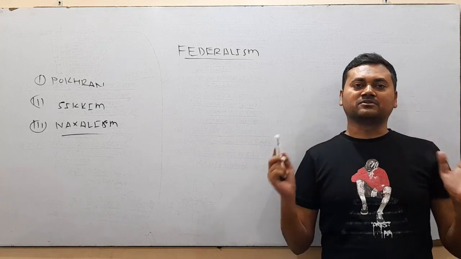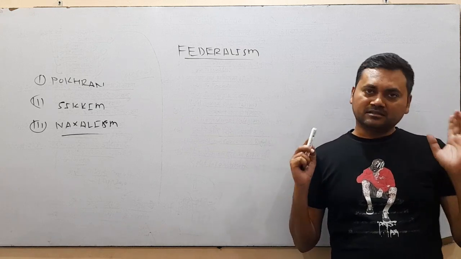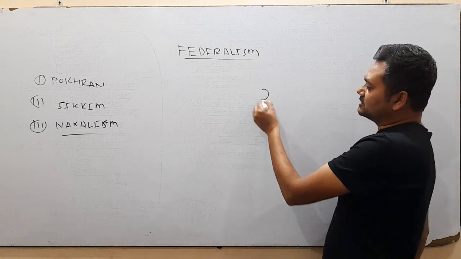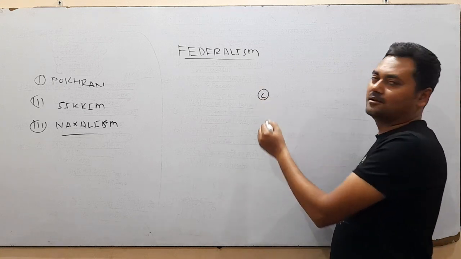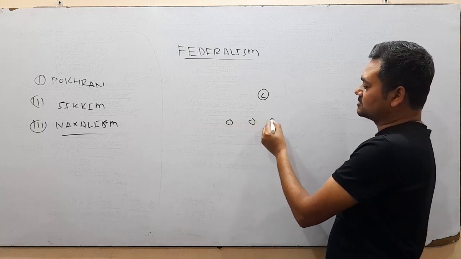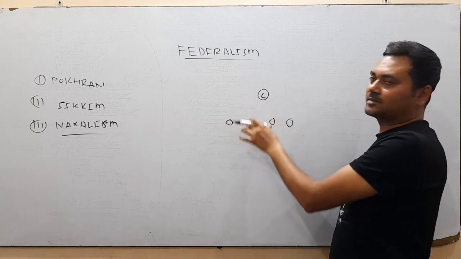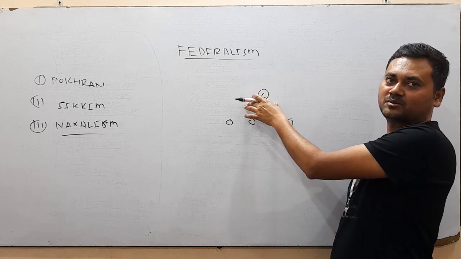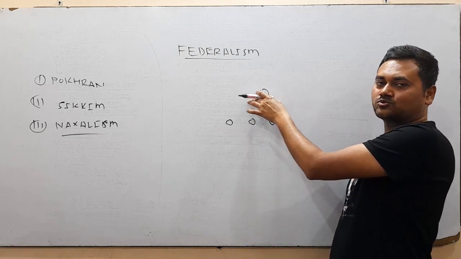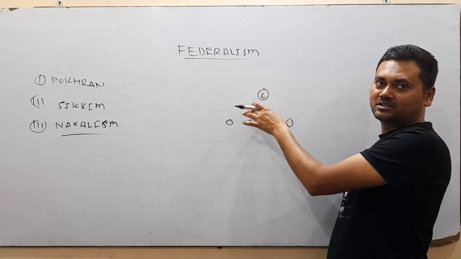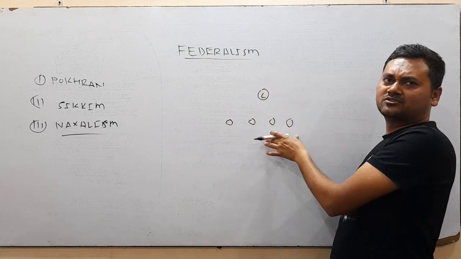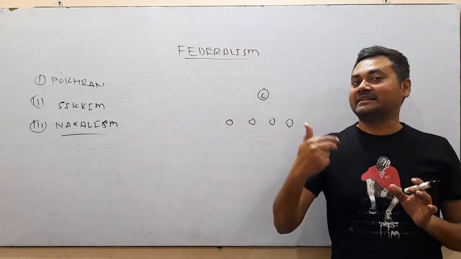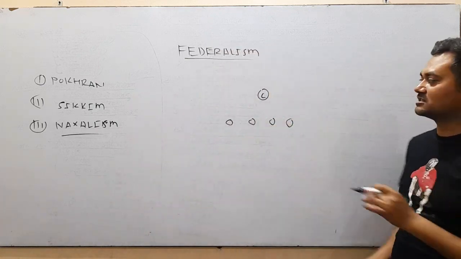And in these kinds of situations where the central government is everything, the state governments are subordinate, or they are working under the shadow of the central government. Whatever the central government wants, only those things will be executed. They hardly have any role except the existence of the states.